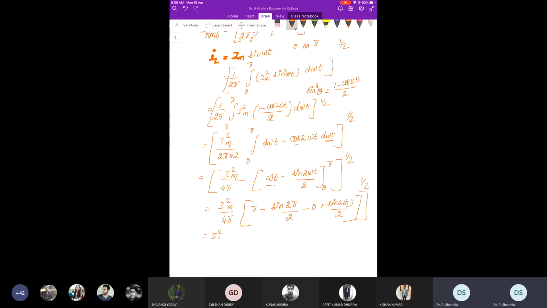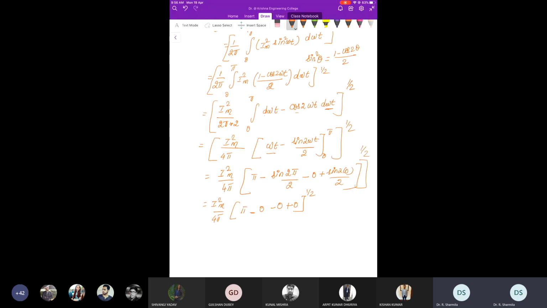So I will get Im squared by 4 pi into pi, whole power 1 by 2.